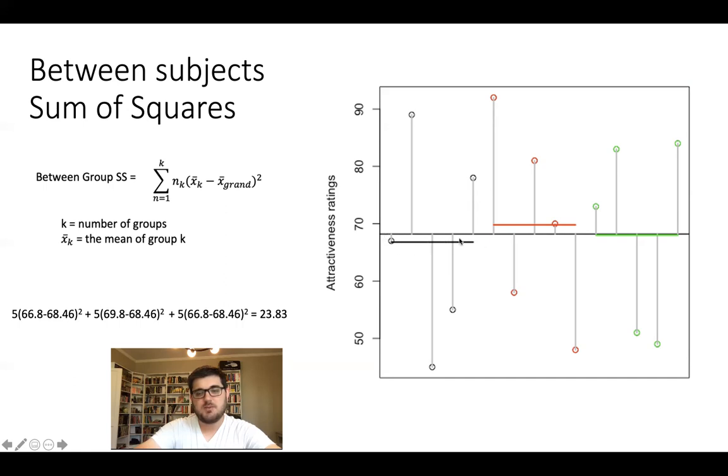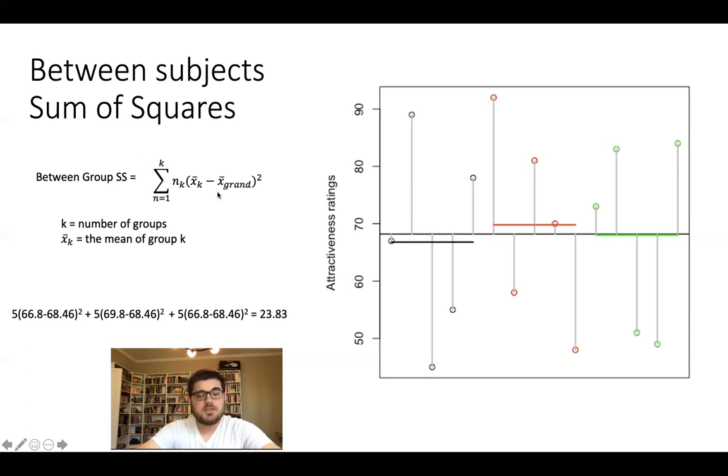It's just below the grand mean. Then you have the coffee drinkers. That's the red bar right here. If you averaged the first coffee drinker, the second, the third, the fourth, and the fifth, their average attractiveness score would be just above the grand mean, at about right here on this red bar. Green bar is the monster drinkers. They averaged out to be just below the grand mean.